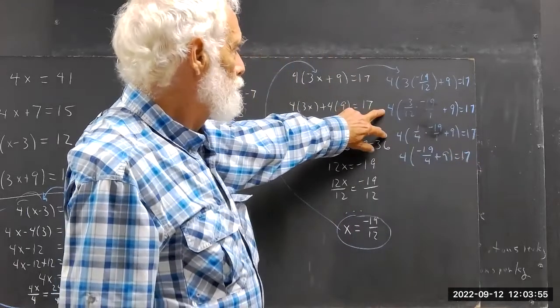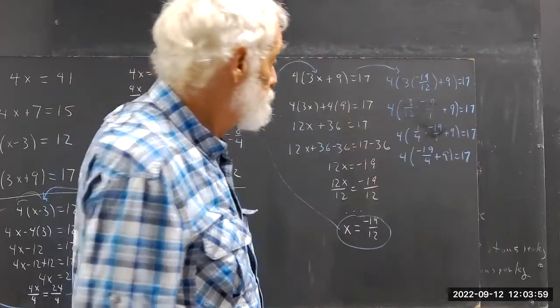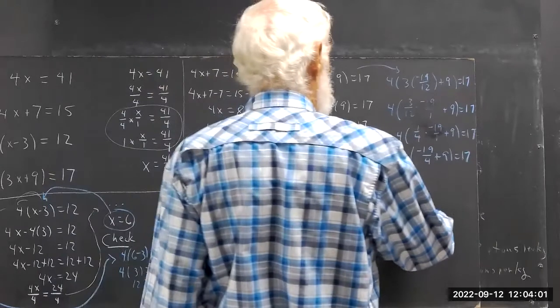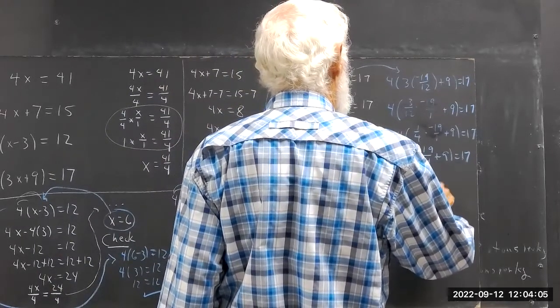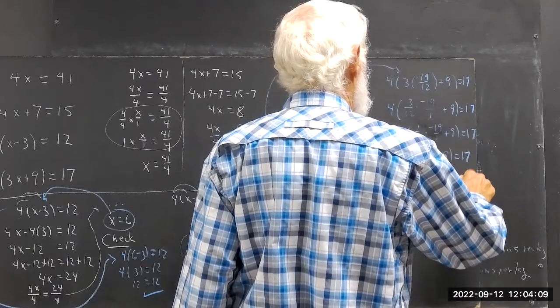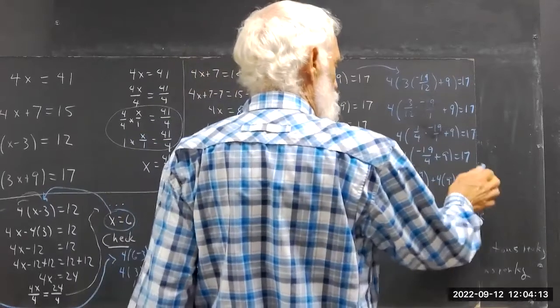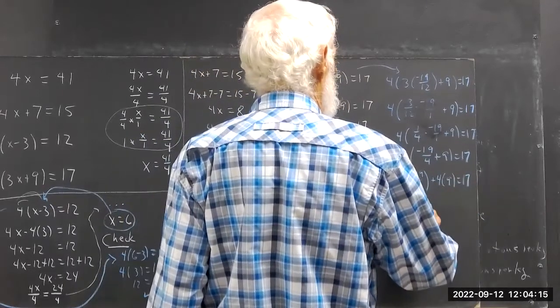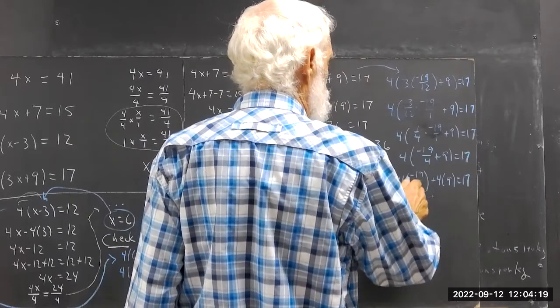Now you're going to more or less skip this, but you really kind of want to think about it. And then this, I could write this as 4 over 4 times negative 19 over 1.